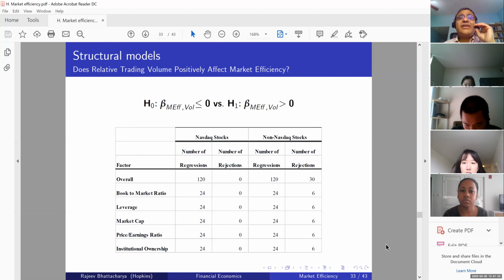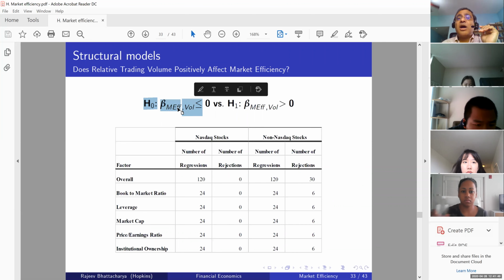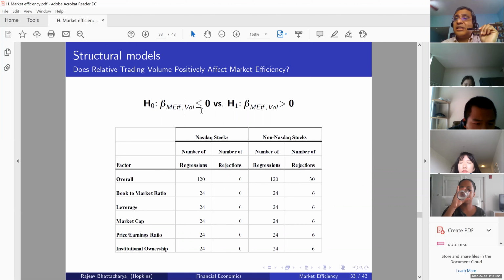Some of the more recent papers actually use structural models. The previous thing that I mentioned uses just one equation, a reduced form model. Once you use much more sophisticated models, we test the null hypothesis that market efficiency as a function of volume is non-positive.